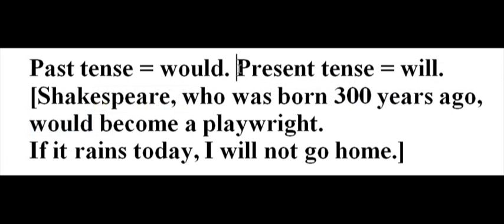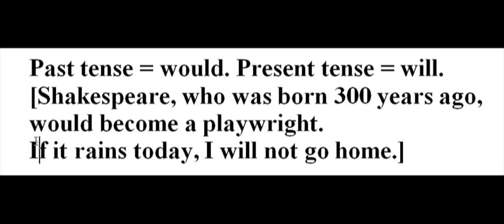If we have the present tense, we're going to need the word will. If it rains today, I will not go home. It would not make sense if this sentence said, if it rains today, I would not go home. However, it's kind of hard to distinguish that because many people do say that.